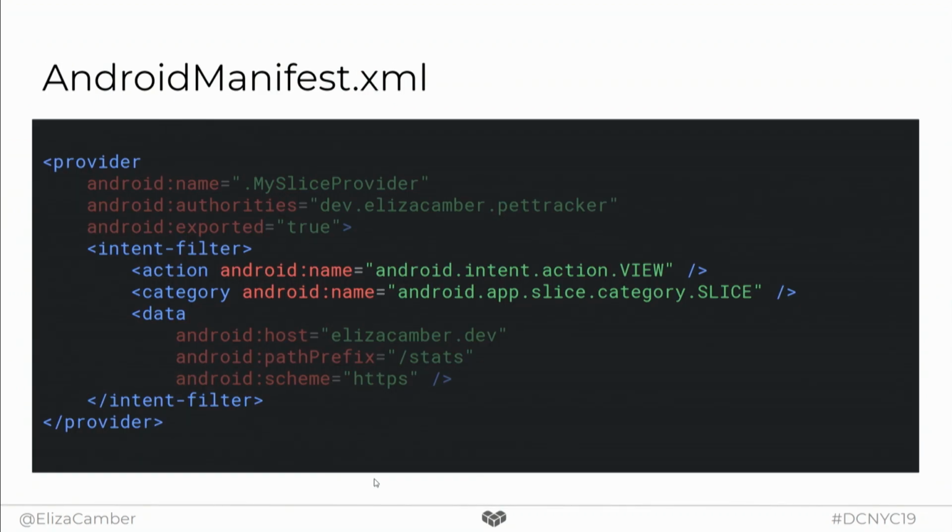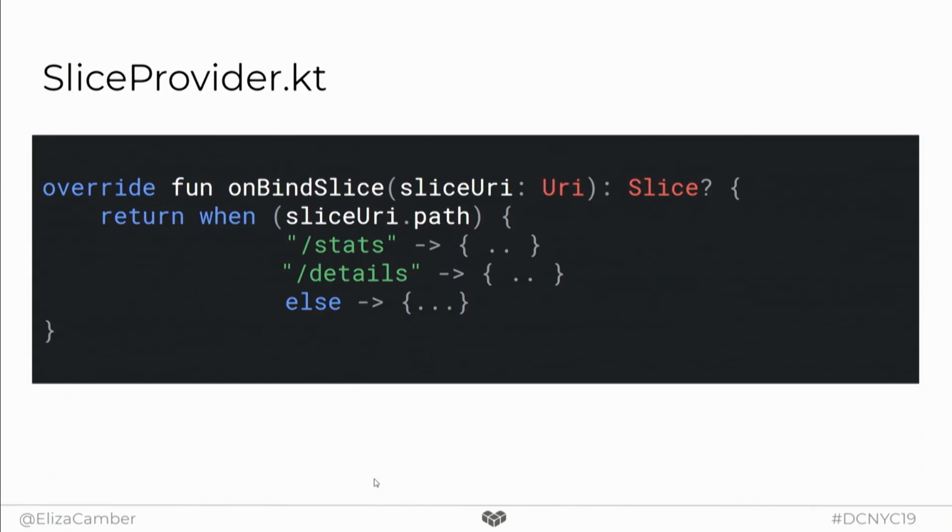Of course, you have to make it clear in the Android manifest that, hey, I have a slice and you have to show this, so that the Android manifest knows how to connect all this. And then you have to go to the onBind slice method in the slice provider that you created before and say that those links map those things.